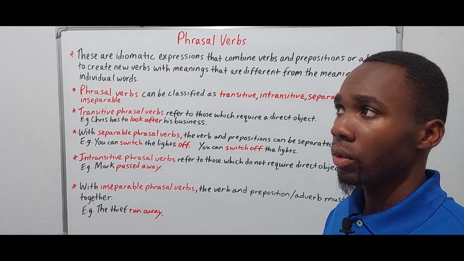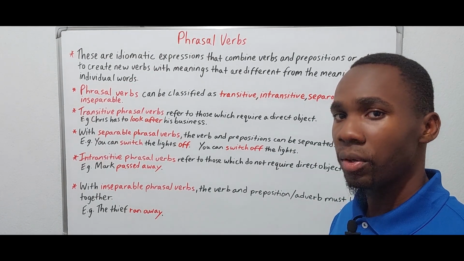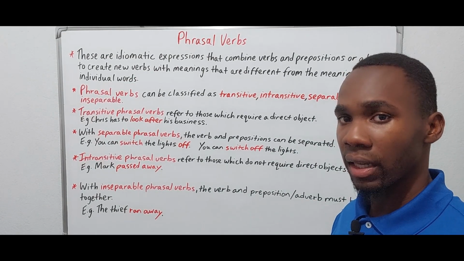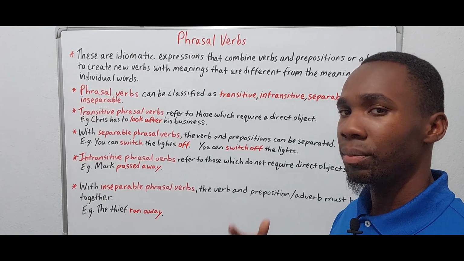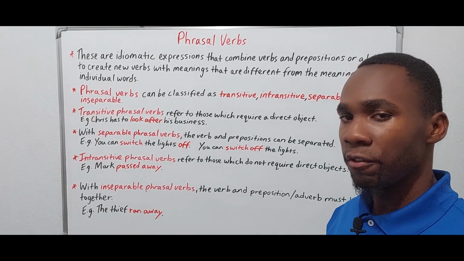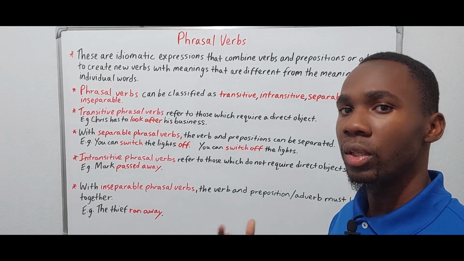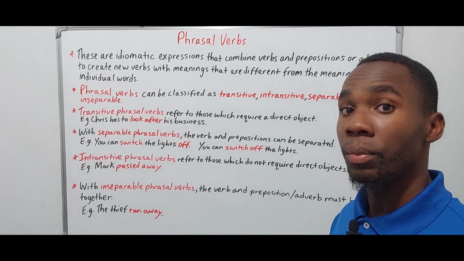So these are going to be very challenging for students or persons who are learning English as a second language. So it's best to use these in informal contexts, right? But in formal contexts, a single word equivalent or a single verb would be better.